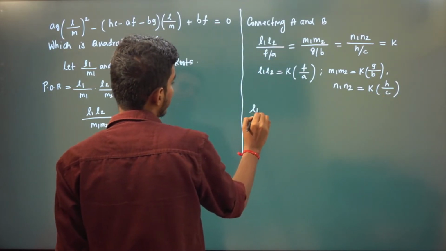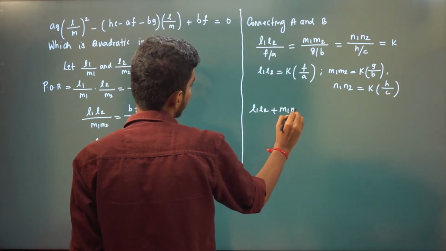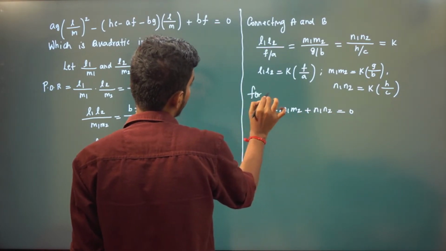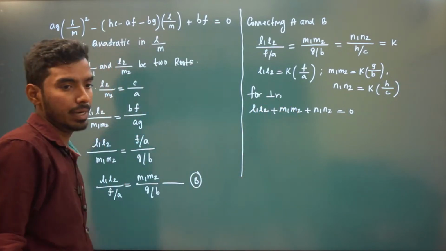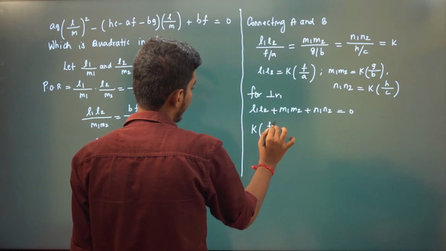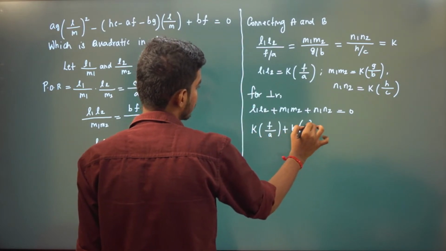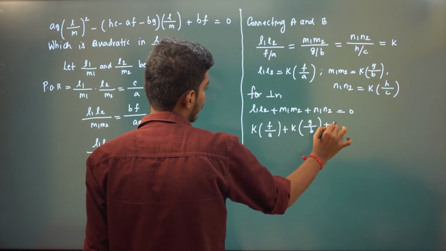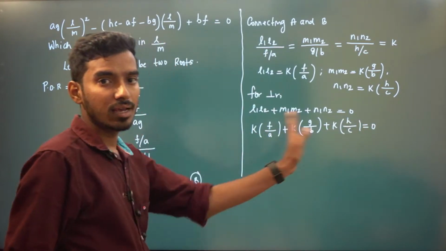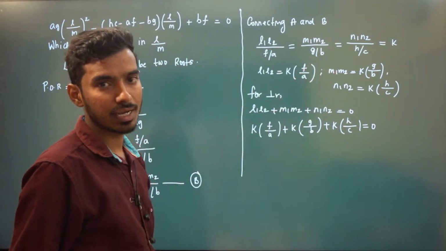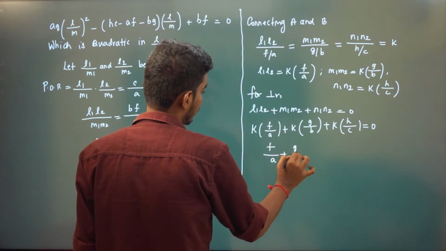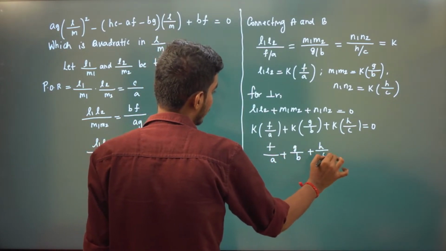Now for perpendicular, L1 L2 plus M1 M2 plus N1 N2 has to be 0, right? For perpendicular this is the condition. So K times F by A plus K times G by B plus K times H by C has to be 0. Let's take K outside, and K is not equal to 0 because K is a proportionality constant. That means F by A plus G by B plus H by C has to be 0.